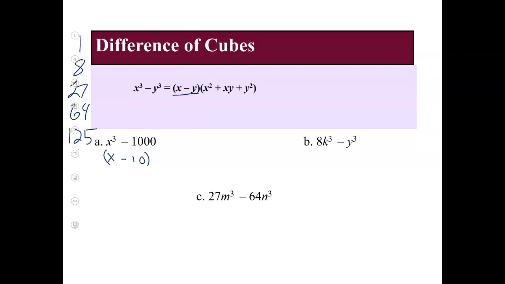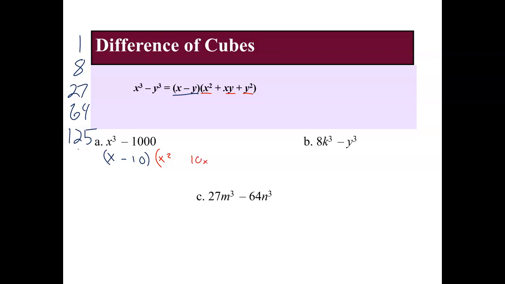The second part, we're going to take each of these terms, x and 10. I'm going to start by squaring the first one, then I'll multiply them, and then I will square the second one. So if we square x, what do we get? X squared. Then we multiply them, what do we get? 10x.